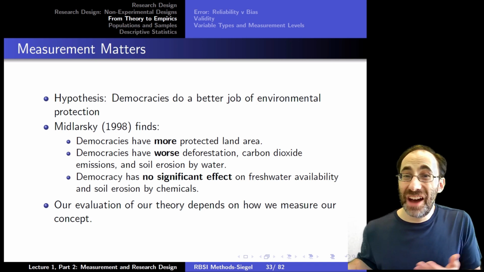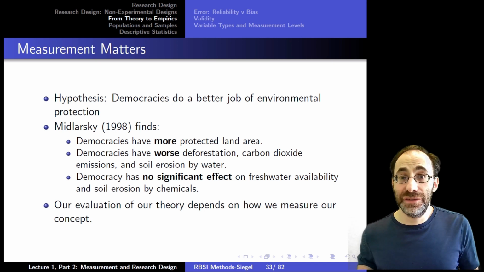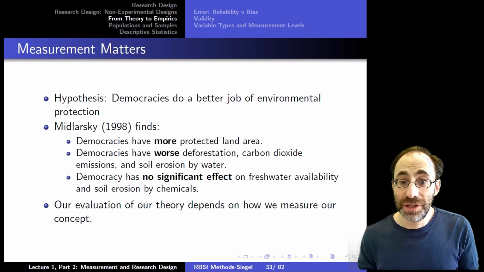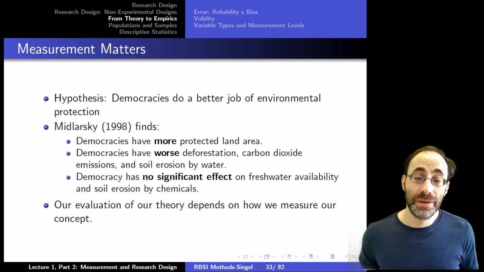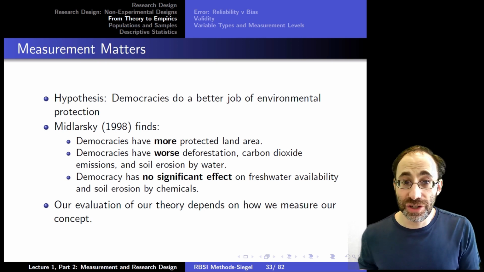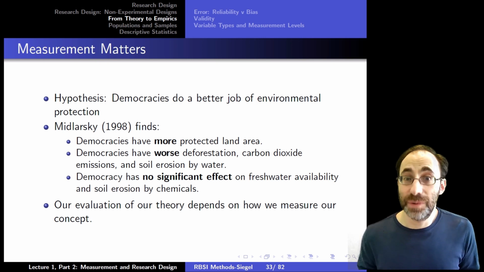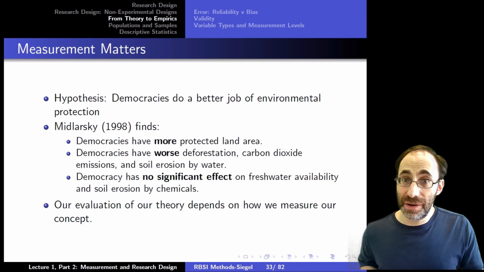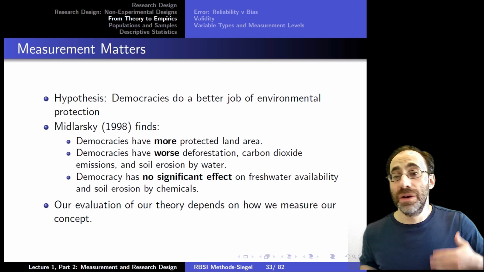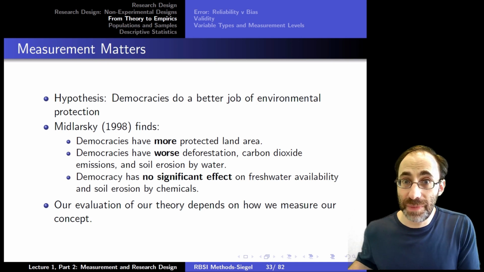Great. However, if you're looking at measures that involve deforestation, carbon dioxide emissions, or soil erosion by water, democracies do worse. Right? So in that case, if those are your measures, you'd find your hypothesis not supported. So it's a completely different outcome based on how you choose to measure it.